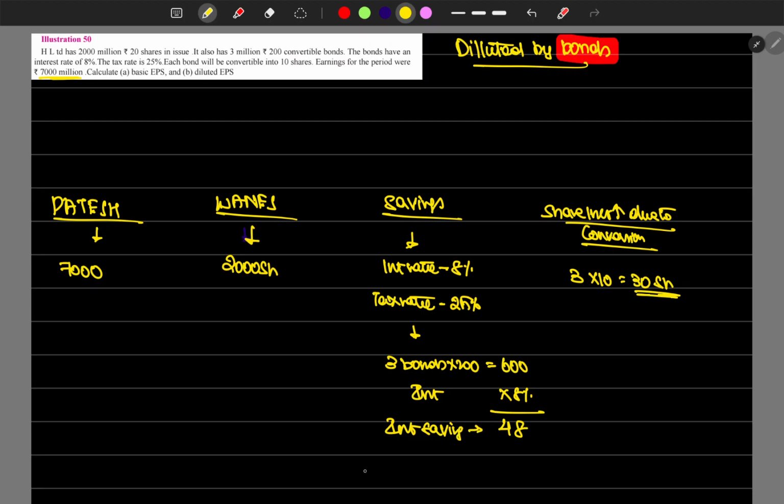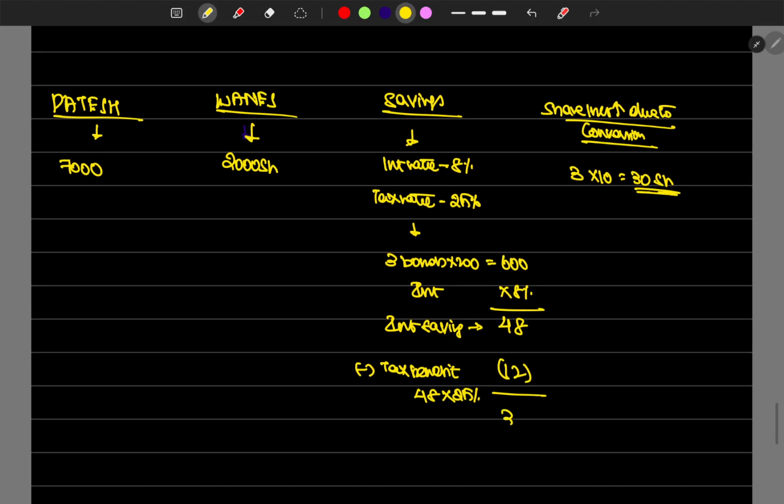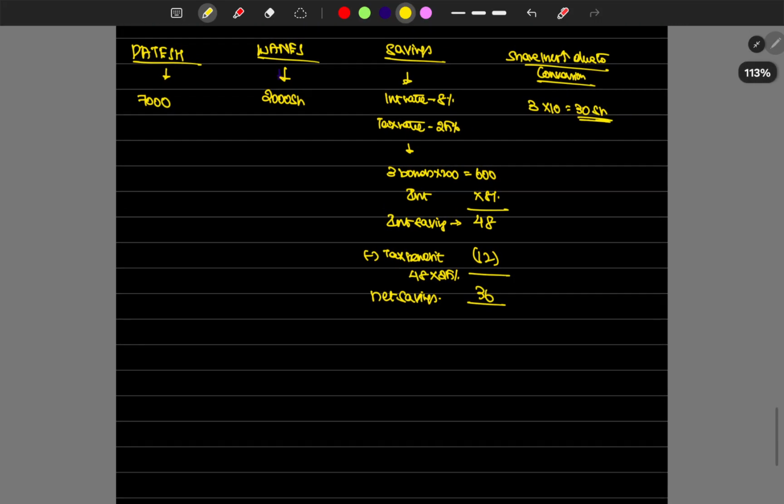Okay, minus tax benefit. The tax benefit we are losing, right? So we have to calculate the tax benefit also for this interest amount, which is 48 rupees into 25%, which is 12 rupees. So our net savings is 36 rupees. Right, so now we got all the values.